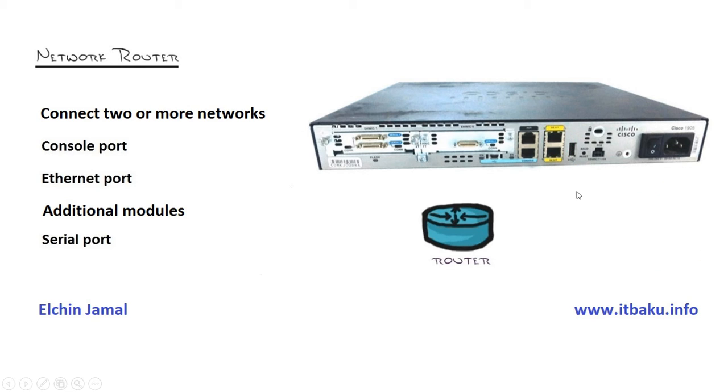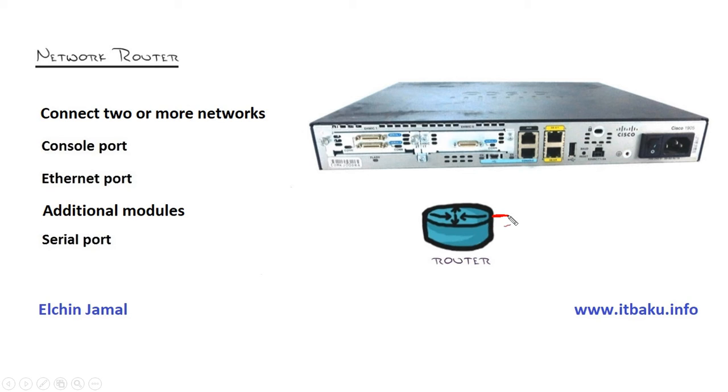So in this picture, in this router, we have only two Ethernet ports. What does it mean? If we take our home network or small office network, let's take this router icon. As I showed you before, this router has two interfaces.